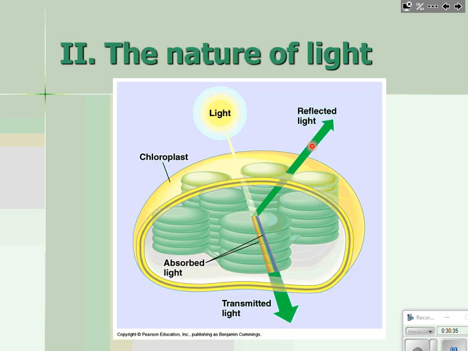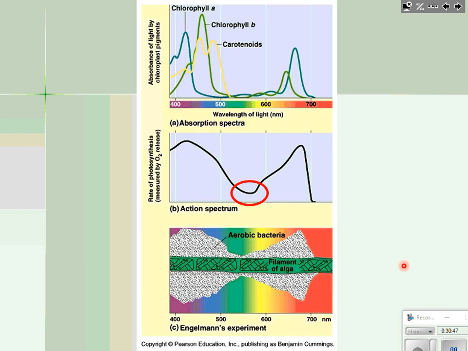Well, that's not surprising, because remember what happens. Green light is either bouncing off of the chlorophyll or passing right through the chlorophyll. The green light is not absorbed by the chlorophyll. And so, of course, the rate of photosynthesis is going to drop. Now, you also notice the rate does not drop all the way to zero. Photosynthesis does not completely stop when you shine green light on a plant.